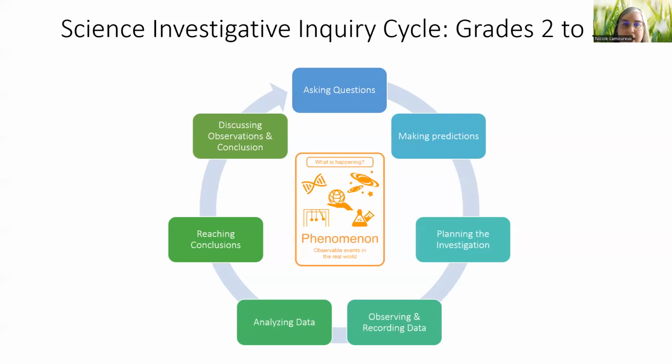So the investigation cycle, I have turned it into a cycle like this because in the curriculum, it's laid out in grade 2 knowledge and implicitly that carries on through to grade 5. It's expanded on and added to in grade 6 with hypothesis. And grade 5 starts bringing in the controlled variables and the experimental piece.